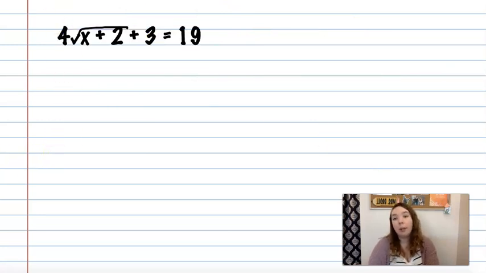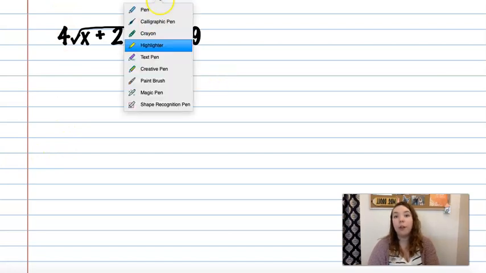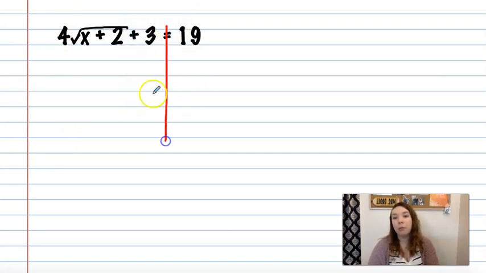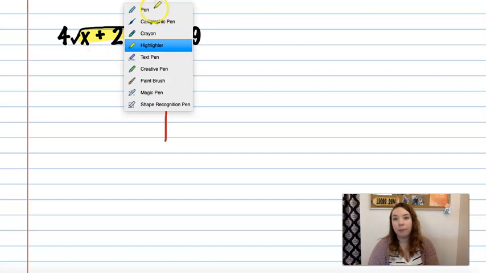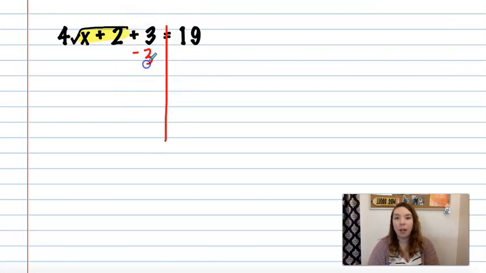So here's a more complex one. Let's try this one first. The very first thing we would do is move this 3 because we're trying to isolate our square root here. We're trying to get this part all by itself. So I'm going to start by subtracting 3 from both sides, which will give us 16.